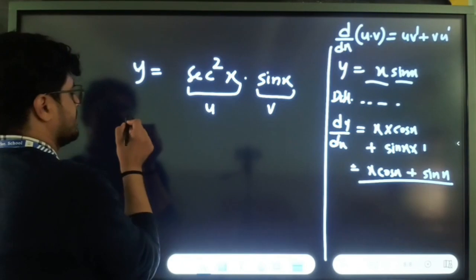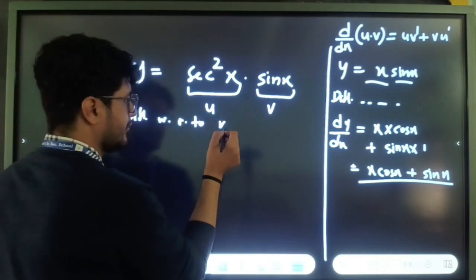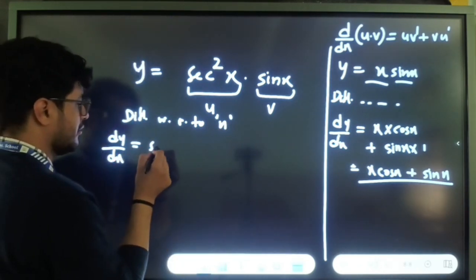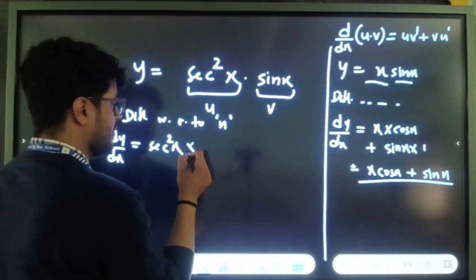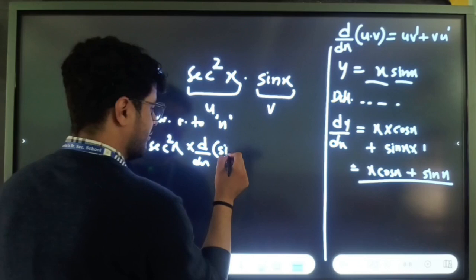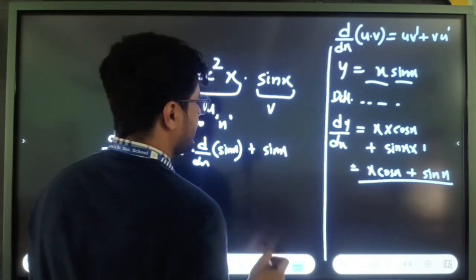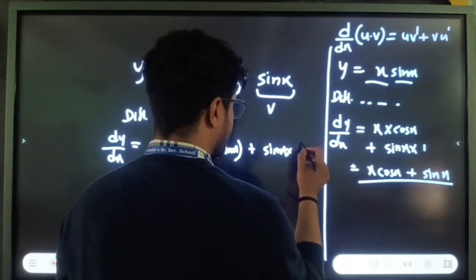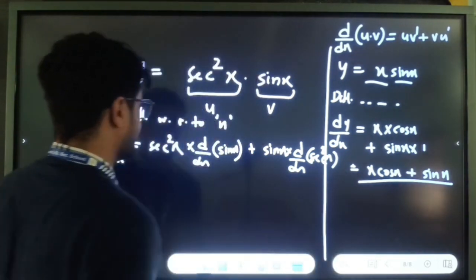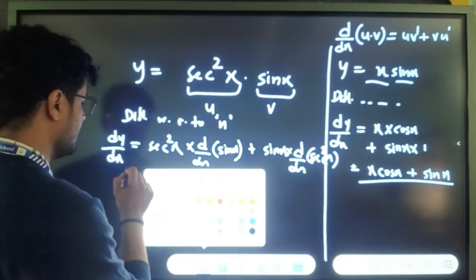Here we are writing differentiation with respect to x, that is dy by dx equals sec square x, derivative of v means d by dx of sin x, plus sin x as it is, and d by dx of sec square x.